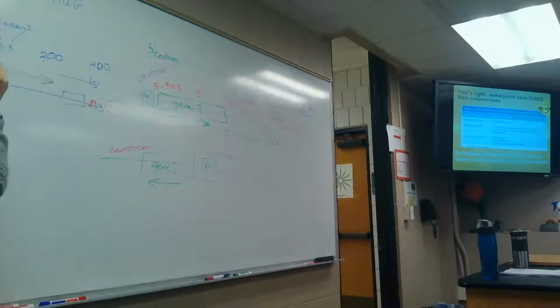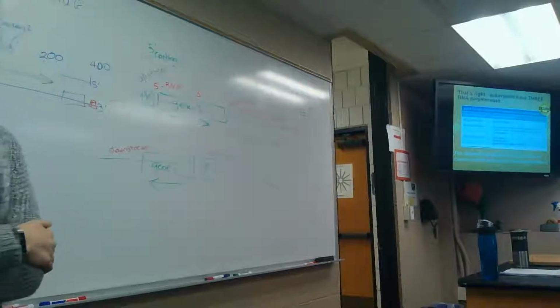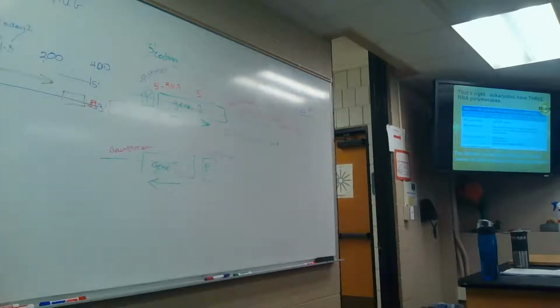Because it has to read from 3' to 5', so it has to use the top strand. The gene is downstream of the promoter. Right, it's always after the promoter.